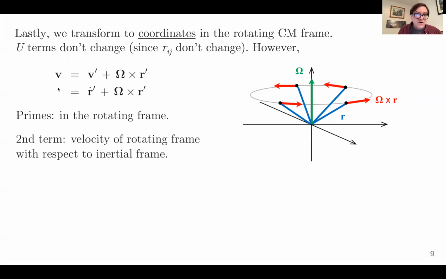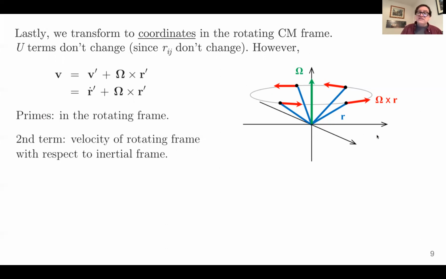You have to say that the overall velocity in the inertial frame is given by two components. There's the velocity in the rotating frame, and there's the velocity of the rotating frame, which is given by the cross product of this omega vector crossed into the r vector pointing to the particle.